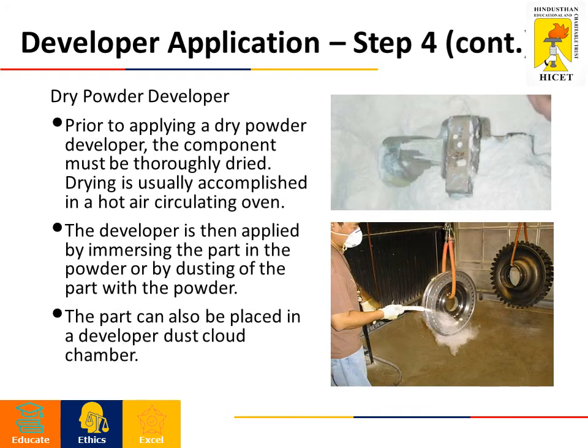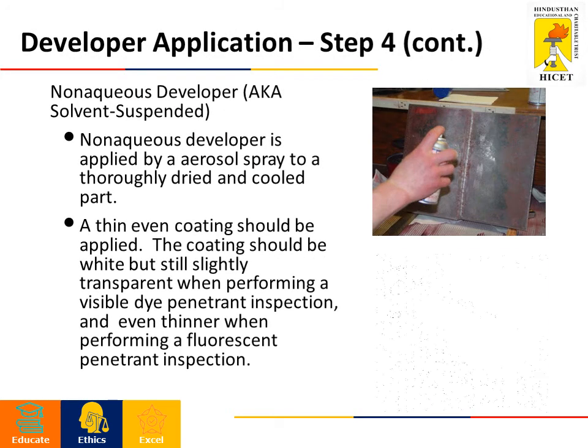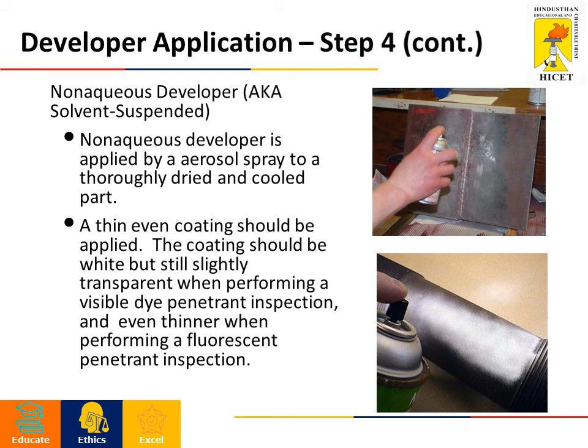Dry powder we normally use after applying the penetrant and removing the excess penetrant. We can see where the defective area is, easily. A thin coat is applied automatically, and the removal of developer is also a very easy method.